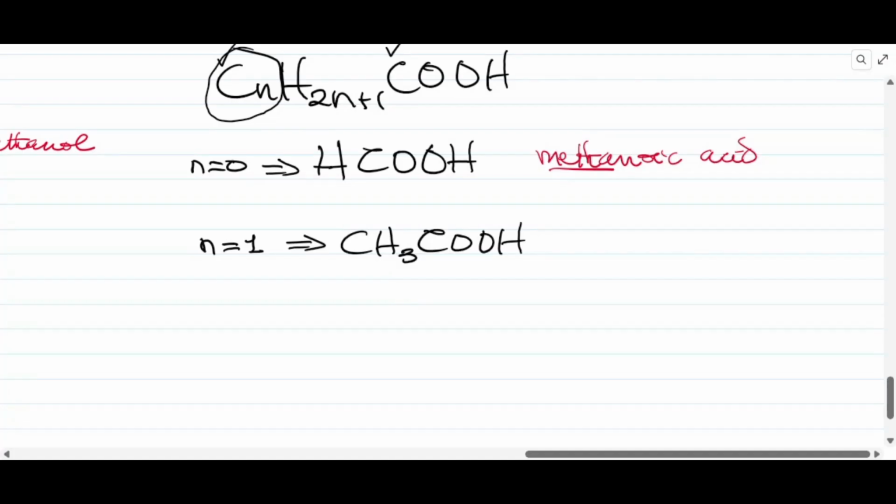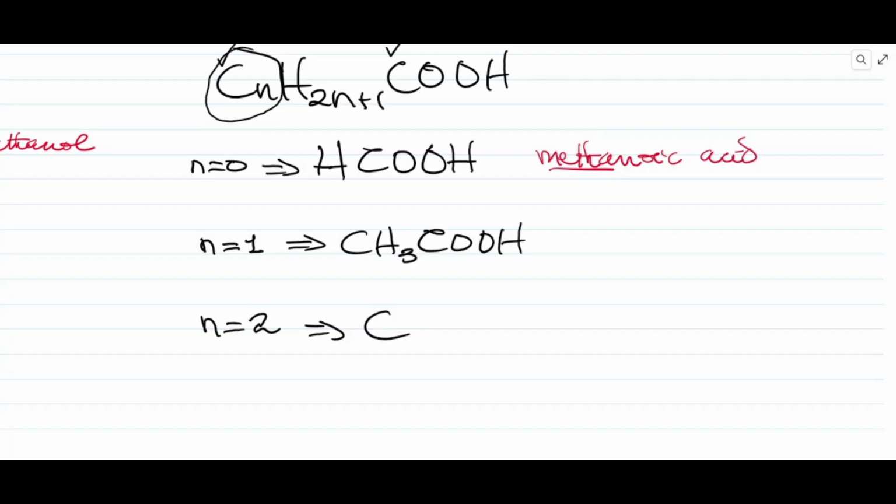And the next family member is when n equals 2, where we are going to have C2, H, 2 times 3, that's 6 plus 1, 7, H7, COOH. We have 3 carbon atoms when n equals 2: 2 carbon atoms here and then 1 carbon atom here.